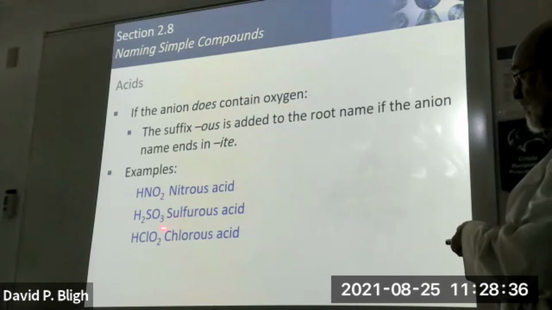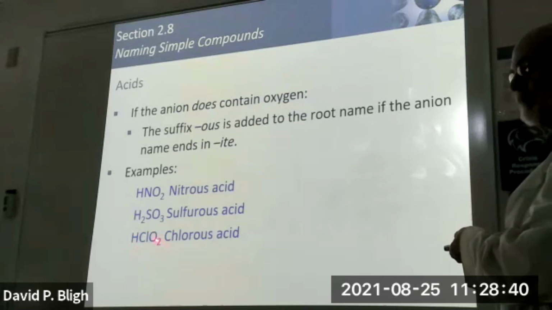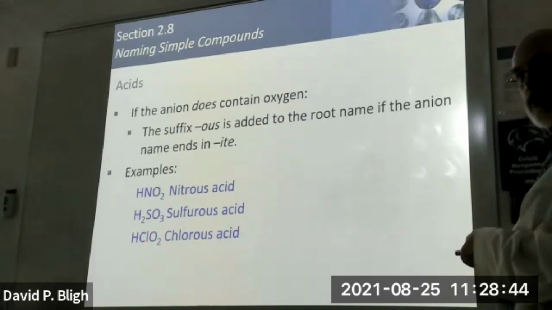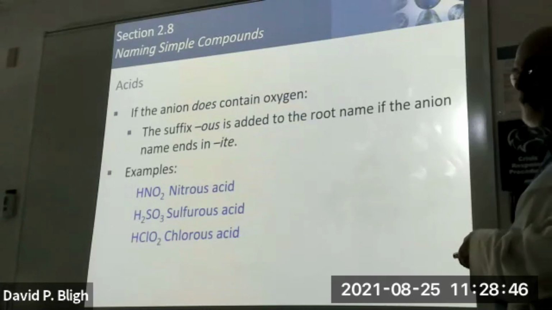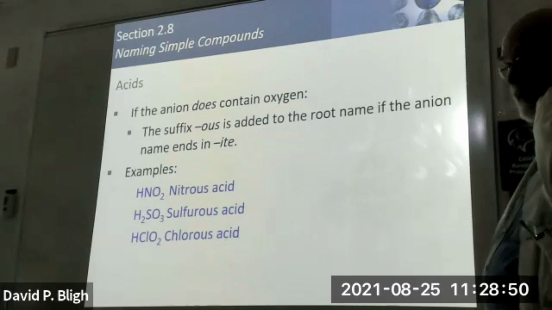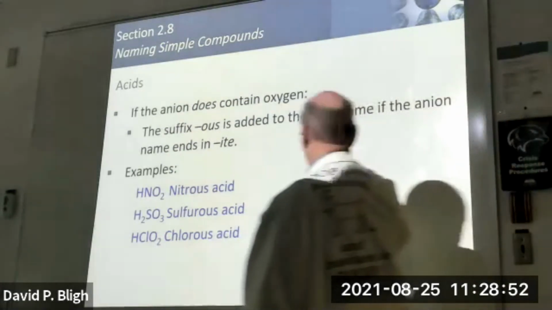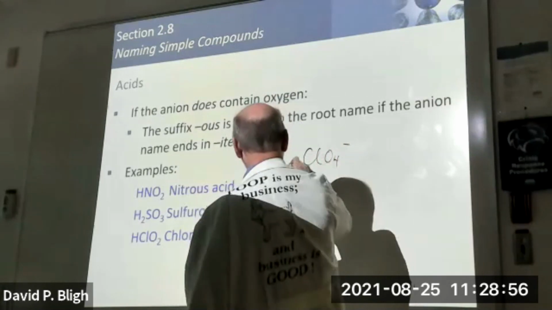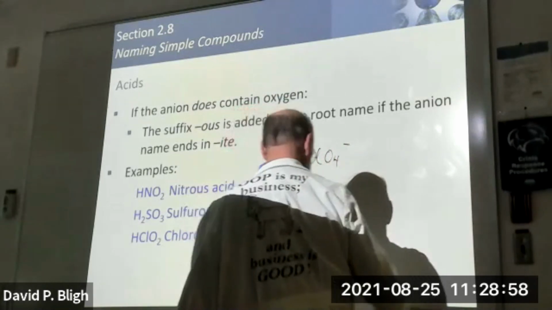Another possibility, remember when we were doing the homologous series of chlorine and oxygen polyatomics? This, HClO2, would be chlorite, right? So ite becomes ous, chlorous acid. One of my favorites is this one. Just add a hydrogen here, right?